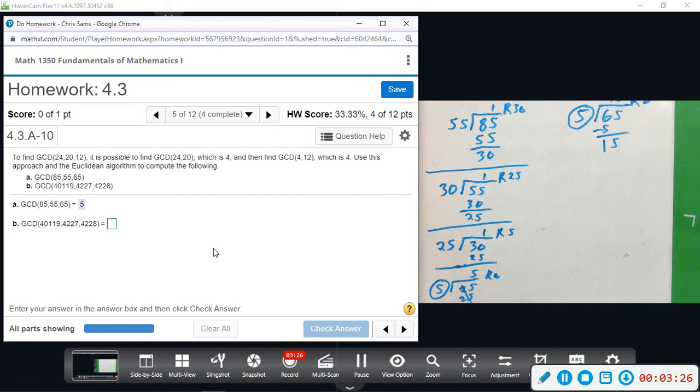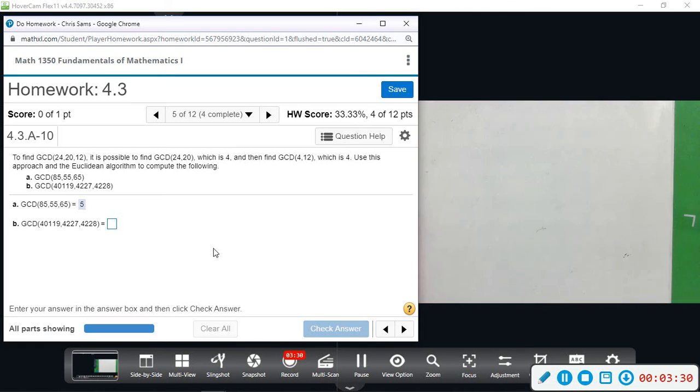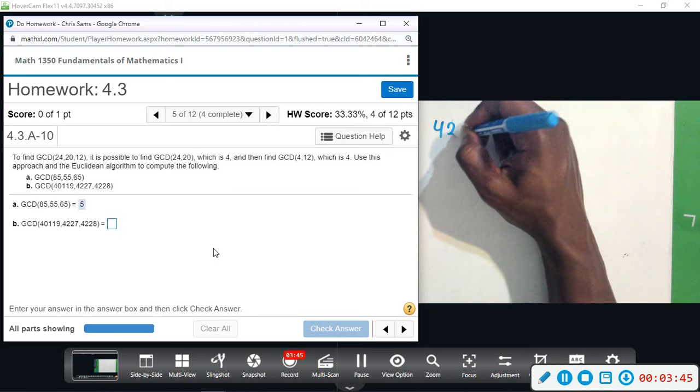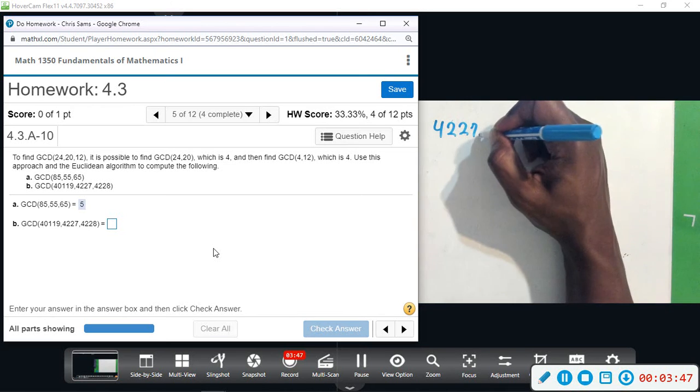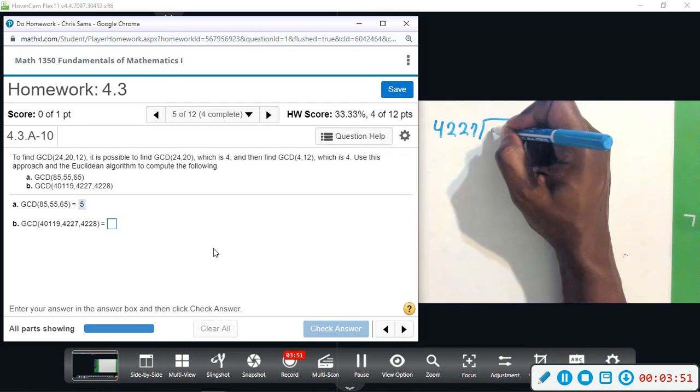Okay, we're going to do the method again. Let's use the smaller number, 4227, into the largest number, 4119.